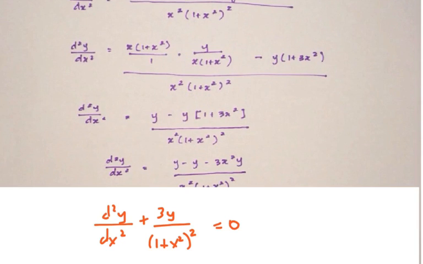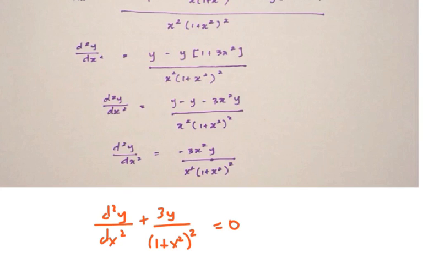So I end up with y minus y times 1, which is minus y, minus y times 3x squared, which will give me minus 3x squared. And now y minus y will give me 0. So I'm left with negative 3x squared times y on my numerator. And of course my denominator remains as is.